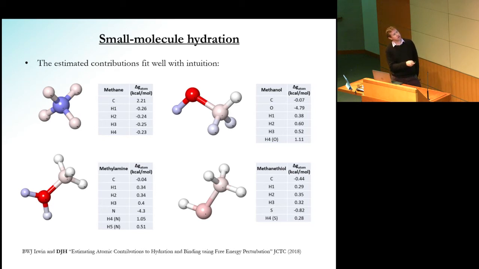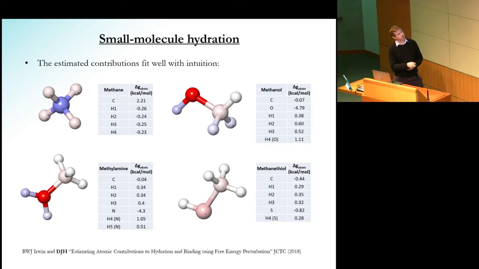Actually, in this case, the hydrogen makes an unfavorable contribution. That seems to be because the oxygen has the largest charge in the system, and pulls the hydrogens from the water in towards it, which then make unfavorable electrostatic interactions with the hydrogen.